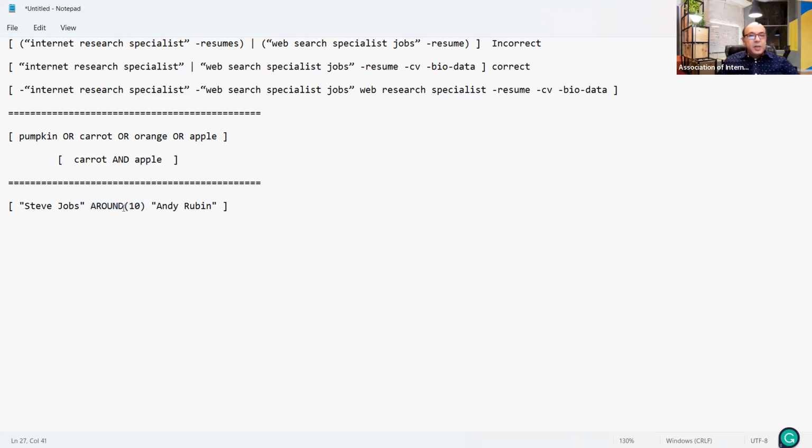Be mindful that it is going to treat Steve Jobs as the first set of words and Andy Rubin as the second set, in a sentence or statement where Steve Jobs would be the word that is starting it, and Andy Rubin is the word that is going to follow after the missing 10 words that are going to be filled in. Still, Andy Rubin is not going to be the first word in the returned results. Steve Jobs will always be the first word.